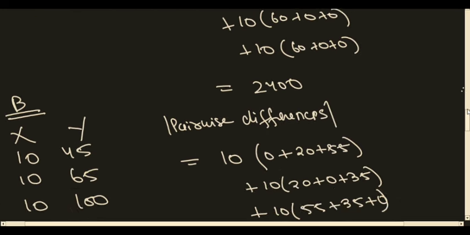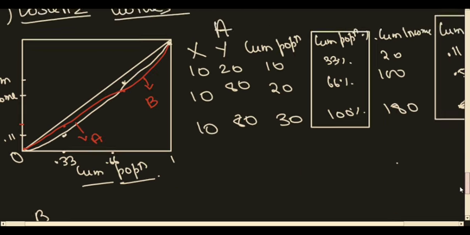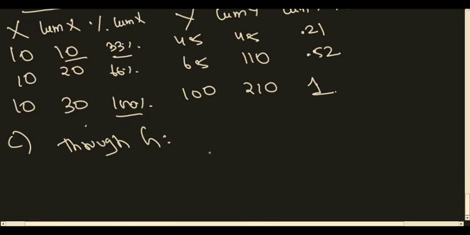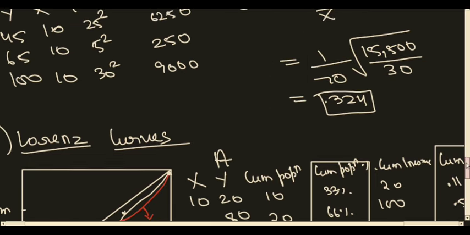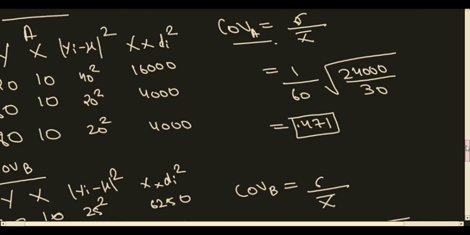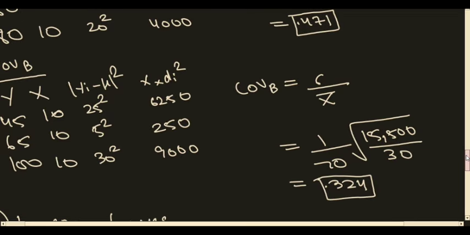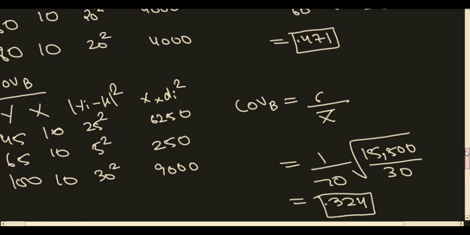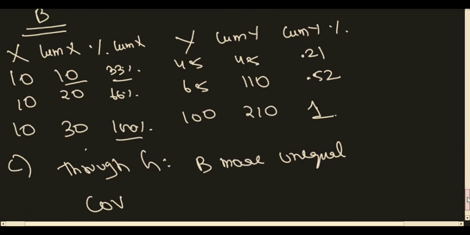So basically country B is more unequal. Through coefficient of variation, we can say that country A 0.471, country B 0.324. So country A is more unequal.